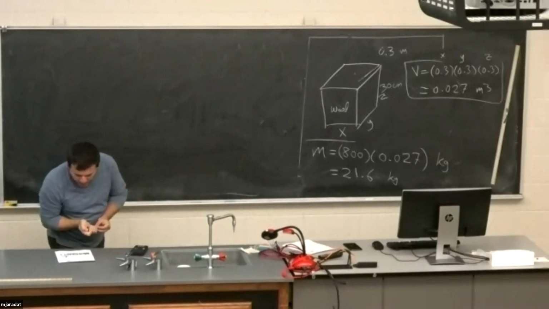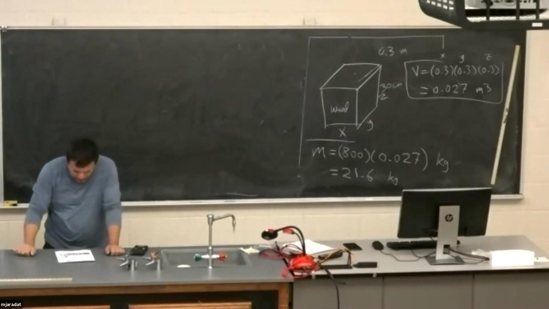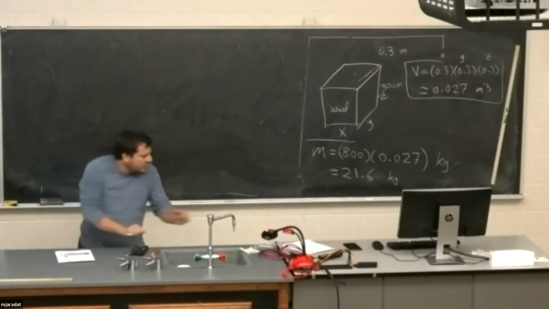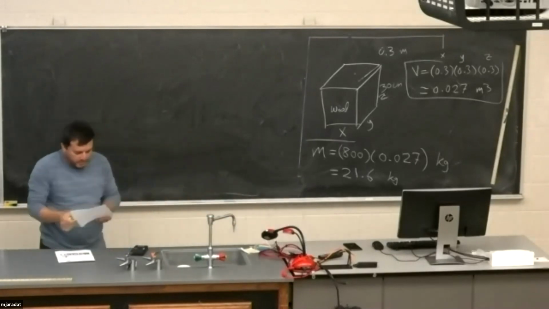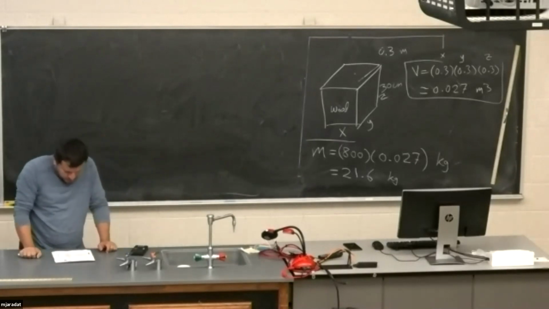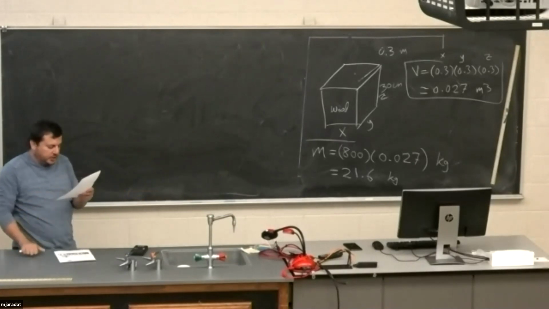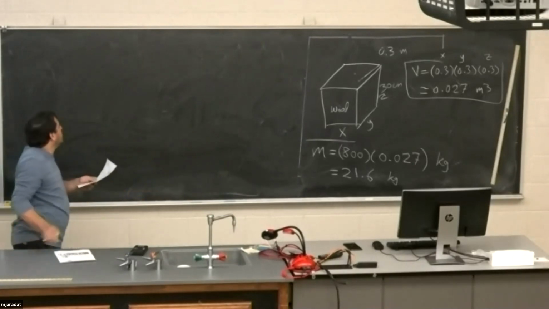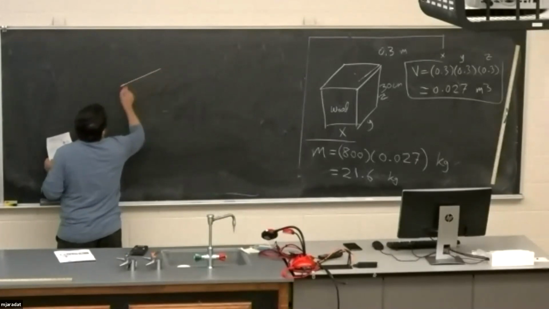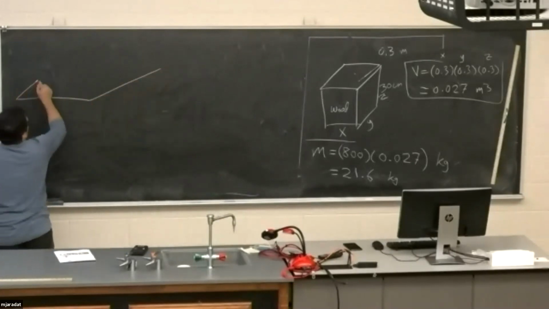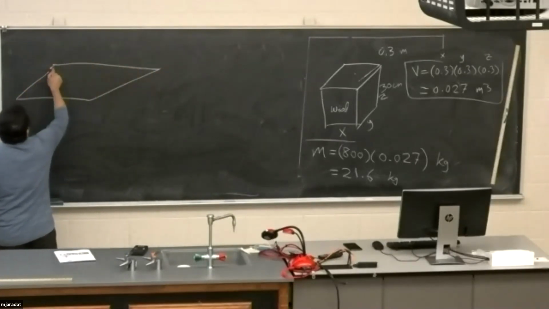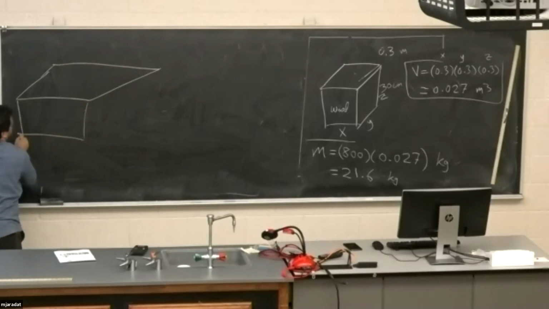The third one, the weight of, where is this? Here. The third one is, this room is Gardner Hall 230. We need its mass, the air's mass inside it. This room is not a cube.